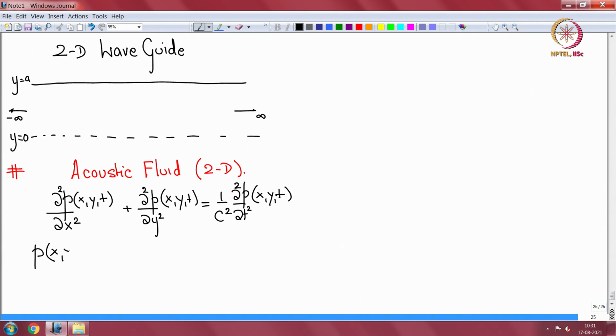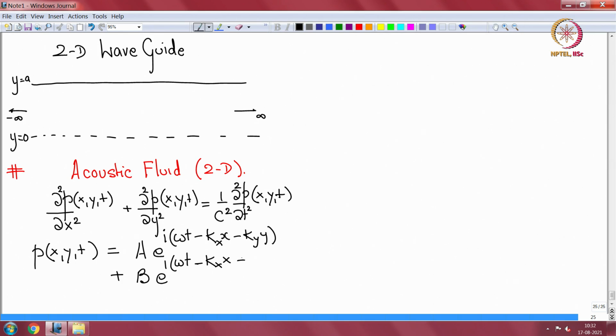So if this system is somehow driven at a harmonic single frequency, the general solution is this: A e to the power of i omega t minus kx x minus ky y, plus B e to the power of i omega t minus kx x plus ky y.